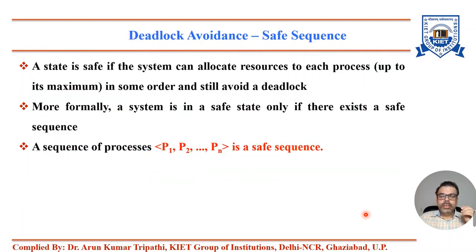For this, we have to find out the safe sequence. Safe sequence is basically the execution of the processes in a particular sequence. Firstly P1 gets executed, then P2, then P3, then P4, or P1, P4, P3, P2, and so on. So the safe sequence is basically the order in which the processes will get executed.